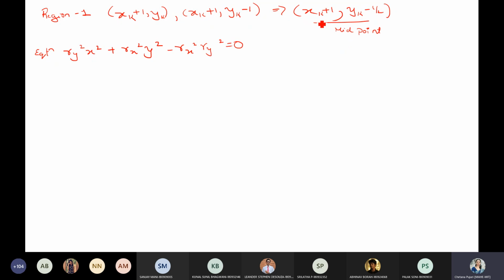The x value you replace with xk plus 1 and the y value you replace with yk minus 1 by 2.